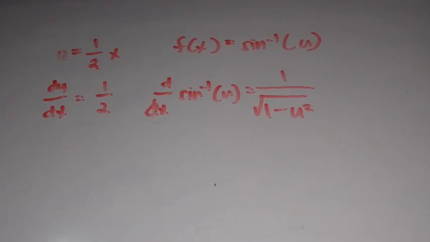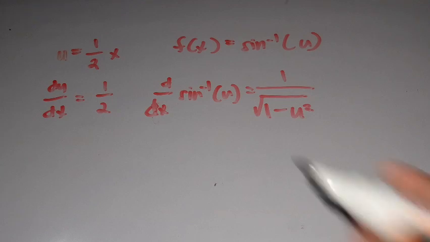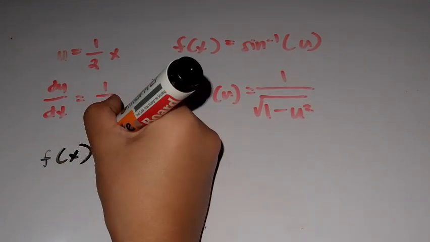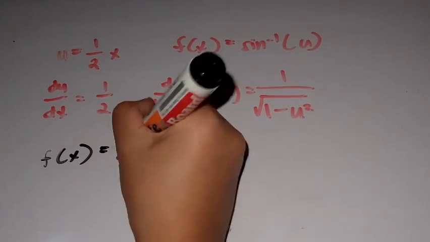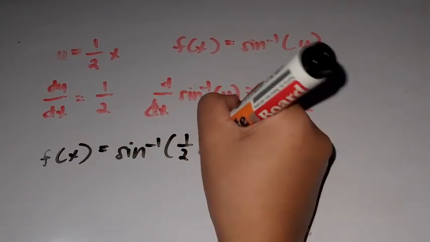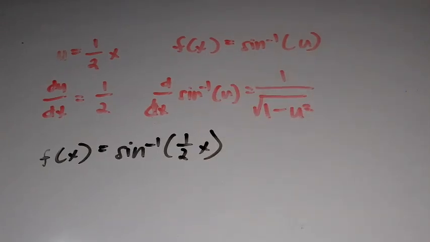Now, let us substitute from step 2. Since the given is f of x is equal to arc sine of 1/2 x, in deriving the function we must follow the formula for deriving trigonometric functions.